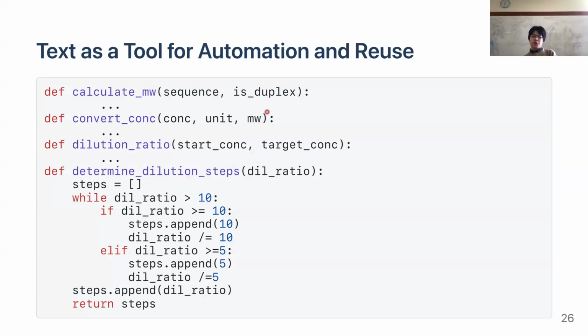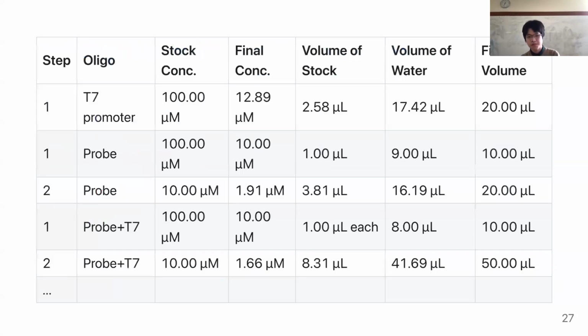Say, if we want to design a reusable dilution calculator, I would just write those functions and take molecular weights or DNA sequences as input, and I get a table as output, or steps of dilution as output.